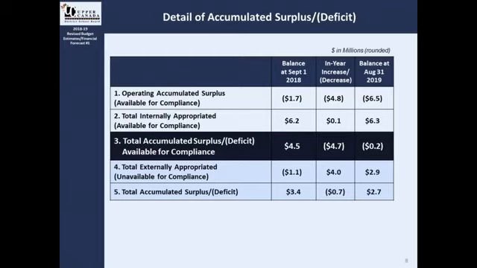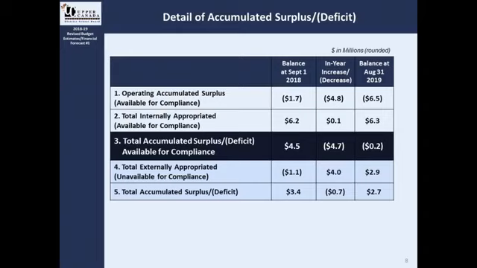Line 2 represents the internally appropriated portion of the surplus available to address normally restricted or appropriated amounts to support specific purposes. The revised budget projects a positive ending balance of $6.3 million at August 31st, 2019. When we move to line 3, which is the dark line in the middle, it summarizes lines 1 and 2 for the total accumulated surplus available for compliance.